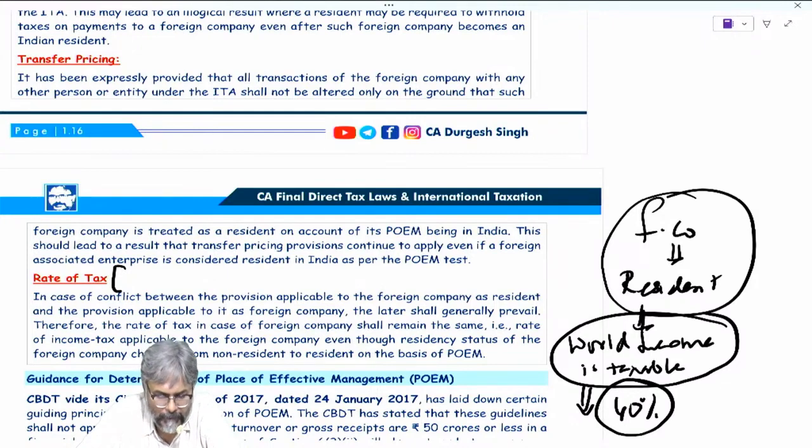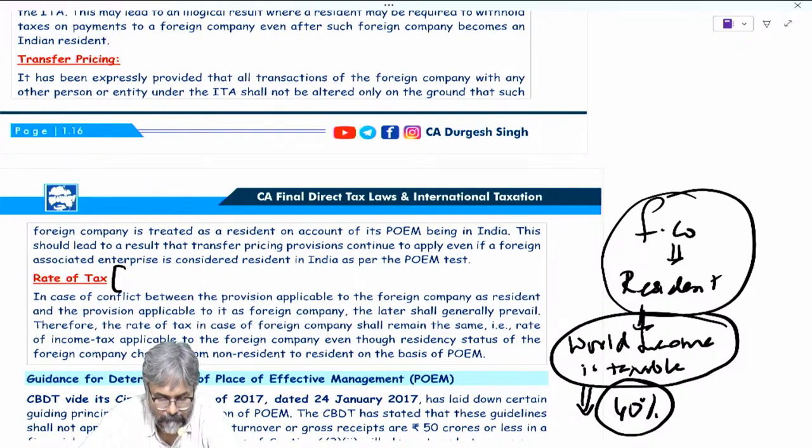That is the scope, and it will depend upon the residential status of the person. Full stop.